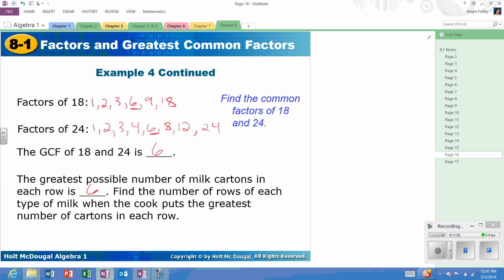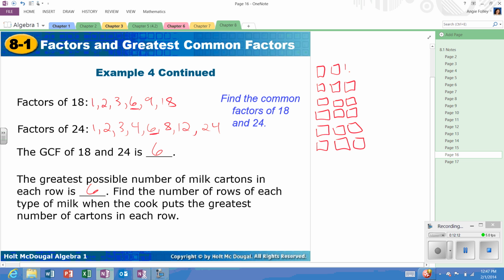So let me draw a little picture, okay? We know that for the chocolate milk, there's 18. He's going to line those up into rows of 6, if that makes sense. And if you notice, we can only have 3 rows to get to 18, okay? So there's 1 row, there's 2 rows, there's 3 rows.